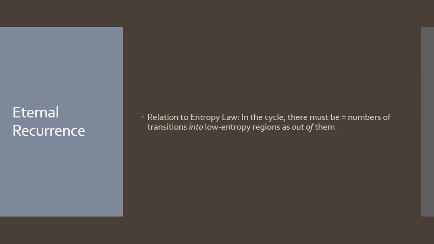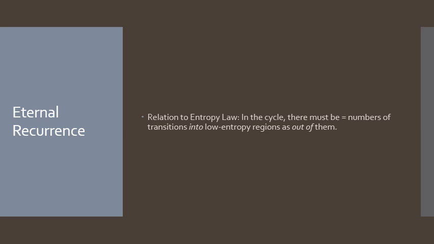What does this have to do with the two-way entropy law? Well, it shows that there have to be equal numbers of transitions from high to low entropy as there are from low to high entropy. So if you think about the low entropy regions of the phase space, if you're on a giant cycle that's constantly repeating infinitely many times over the long term, over the infinitely many times that this cycle occurs, half the time you're going from a low to a high entropy region, half the time you're going from high to low entropy.